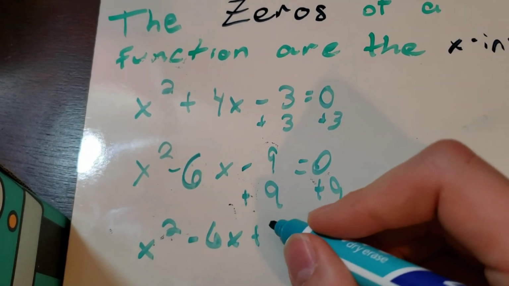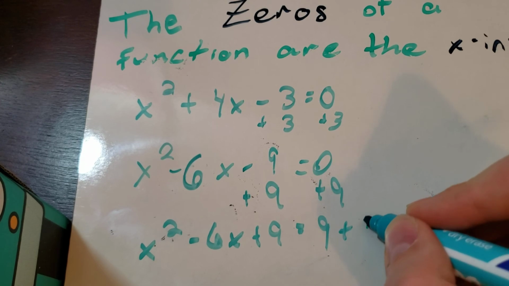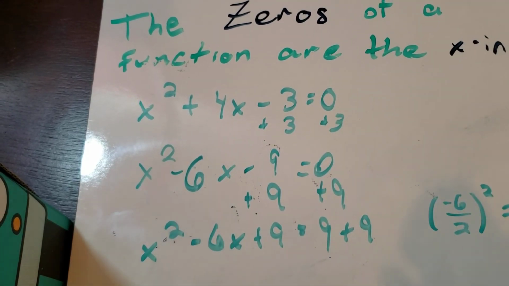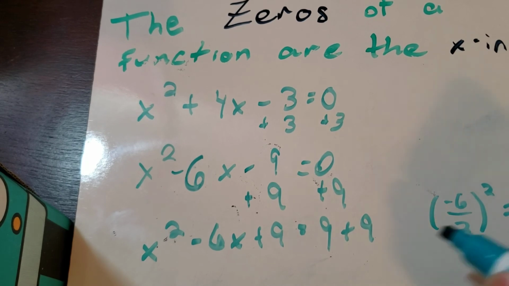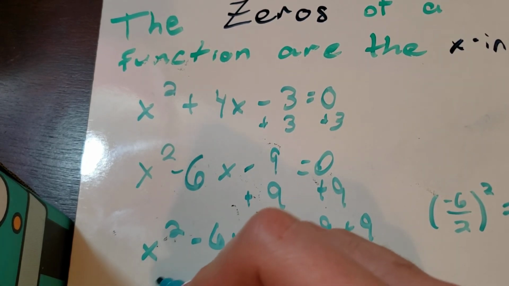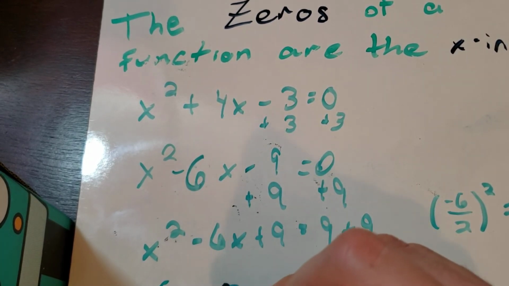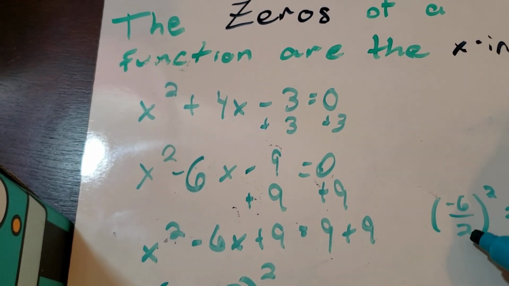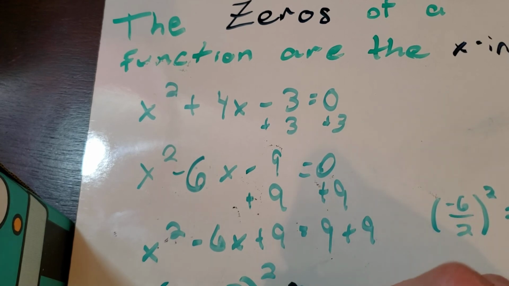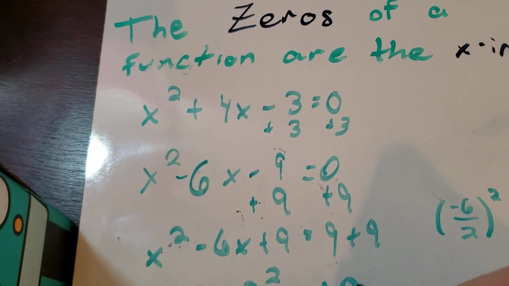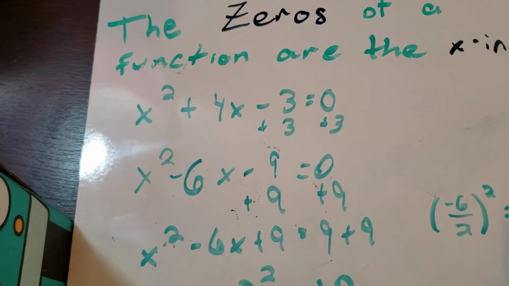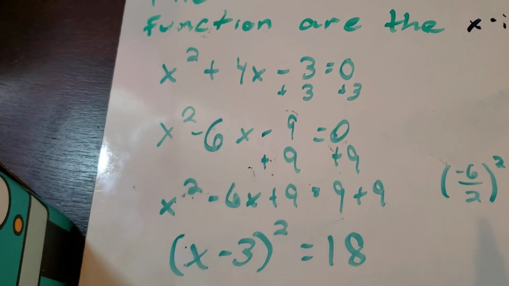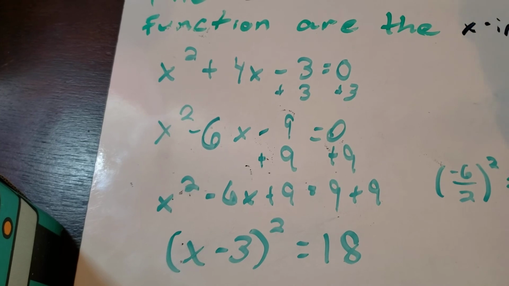So I'm going to add 9 to both sides of my equation. This is going to give me x minus 3 squared, right? That's my b divided by 2, equals 18. That still didn't work. Oh well, we'll just have to go with it.